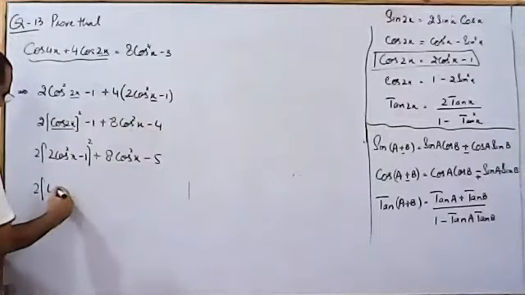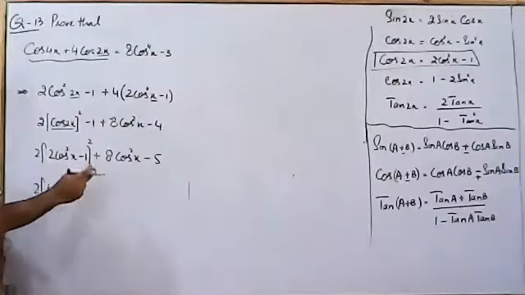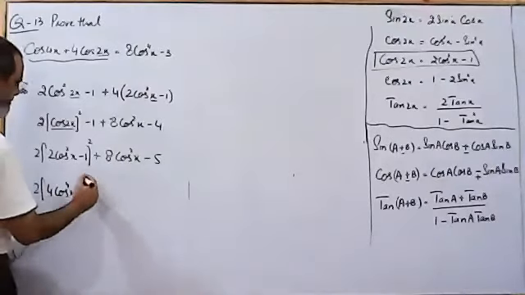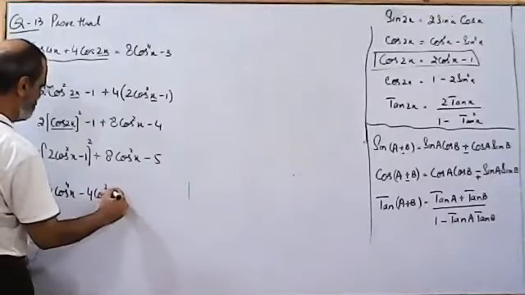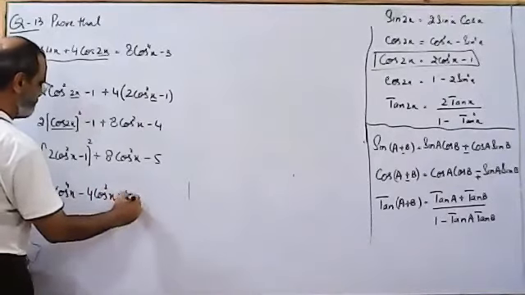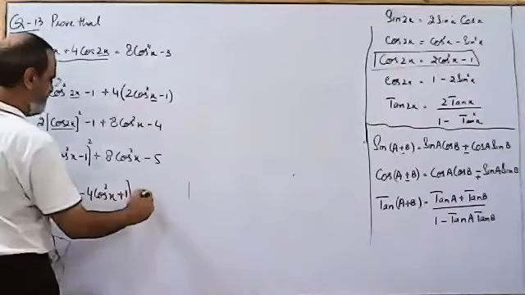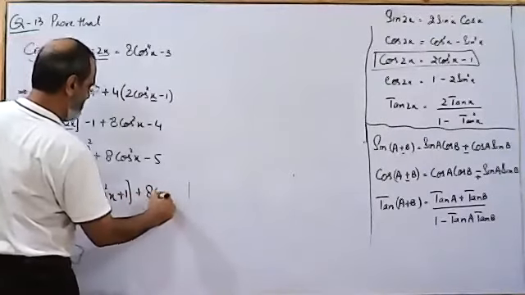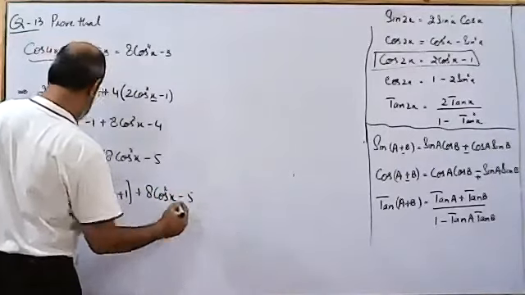It will be 4 cos⁴x, square of this term, minus 2ab gives you minus 4 cos square x, and plus 1. I'm using a square, b square, 2ab, plus 8 cos square x minus 5.